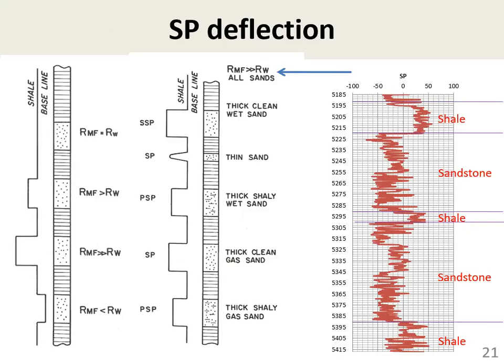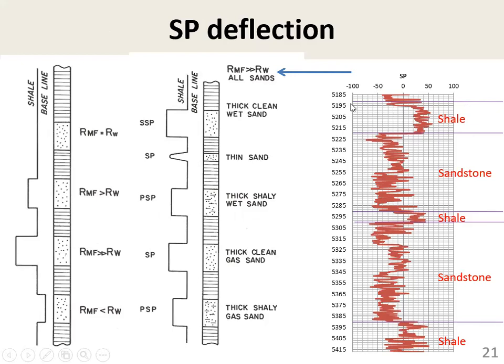What is displayed here is a typical SP presentation. For this presentation on the right, you see that the SP reading increases to the right. As it increases to the right, that's indicative of increasing shale content.